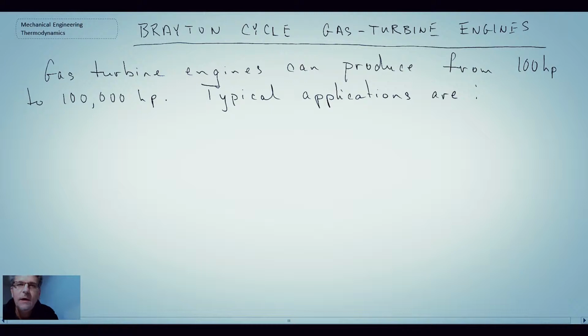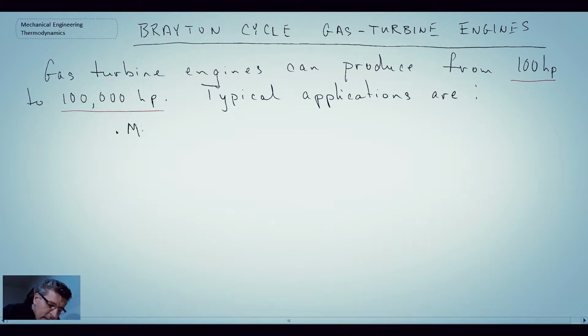You can see gas turbine engines have a rather large range of power outputs, anywhere from on the order of 100 horsepower up to 100,000 horsepower for very large industrial applications. At the end of this segment, we'll talk about some of the history of the development of the gas turbine engine. One of the largest applications is aviation, both military and commercial.